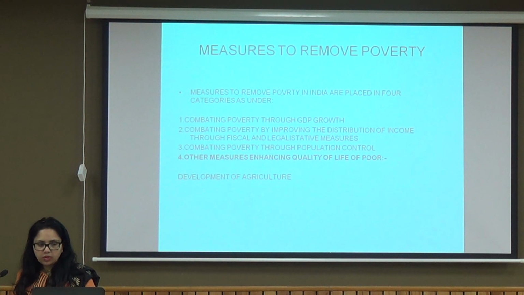Number 2, combating poverty by improving the distribution of income through fiscal and legislative measures. Number 3, combating poverty through population control. And number 4, other measures enhancing the quality of life of the poor.